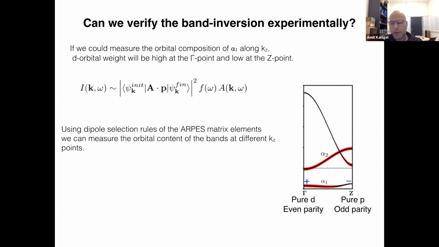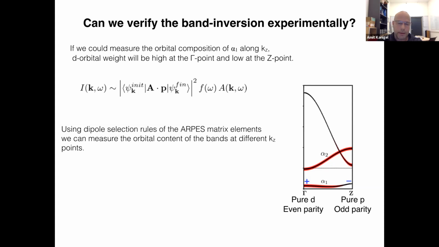So can we now experimentally verify this idea? To do that, we want to use the selection rules of RPES, because now we expect that at the high-symmetry points, the character of alpha-1 will be pure. So we expect that at the gamma point, the band will be purely made of d orbitals, and at the Z point, it will be purely a p orbital.